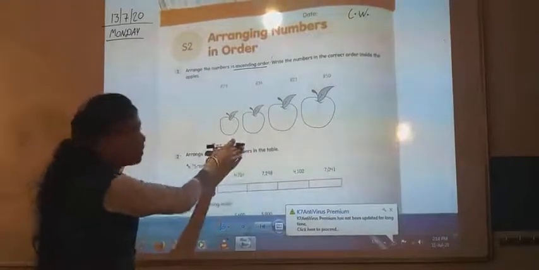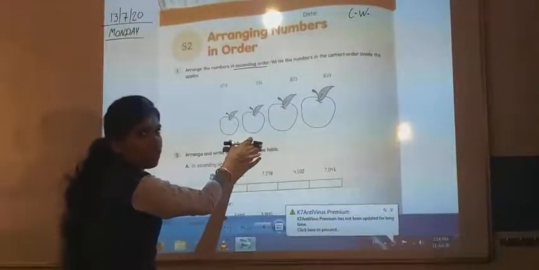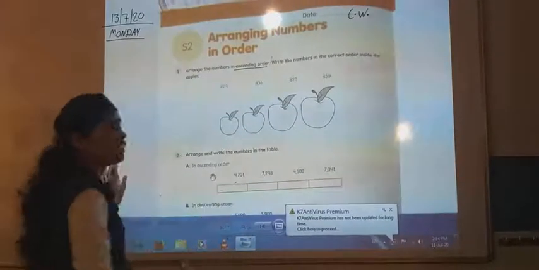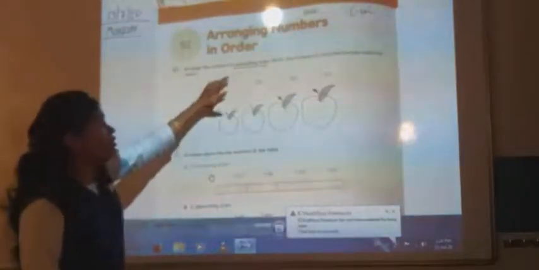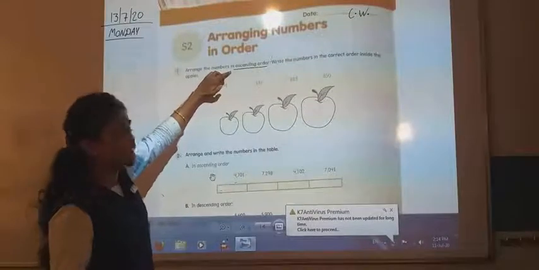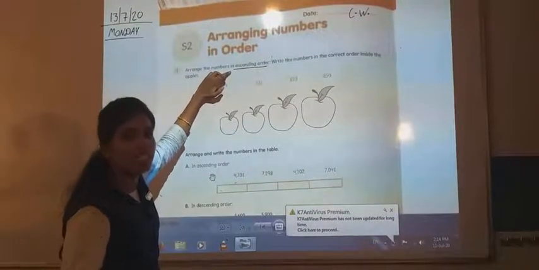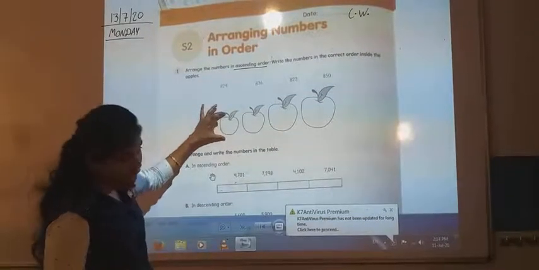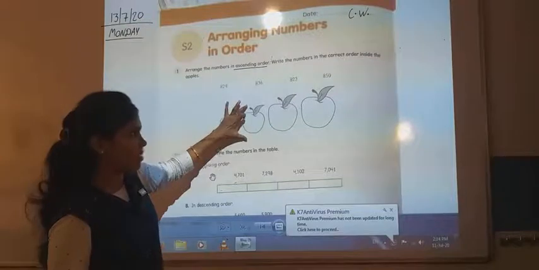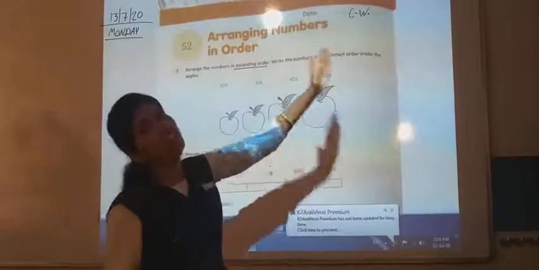We have some apples here, so we will write our numbers in the apples. What does ascending order mean? Ascending order means we always start from the smallest number and go to the largest and so on.